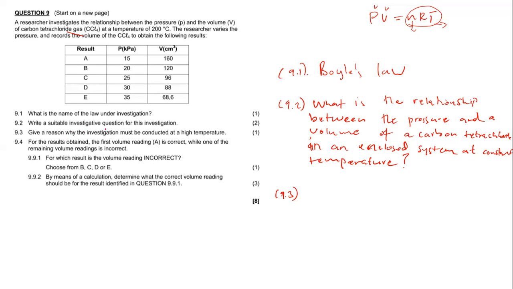So they say to you, give a reason why the investigation must be conducted at high temperature: so that the molecules can remain in the gaseous state, or to avoid the condensation of gaseous molecules. One of the two.